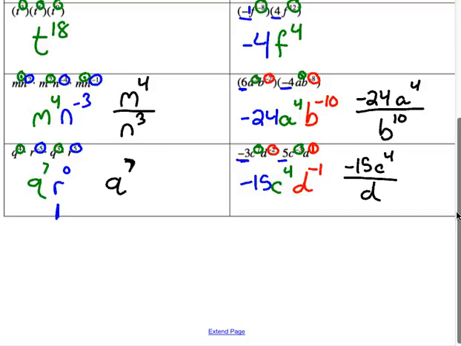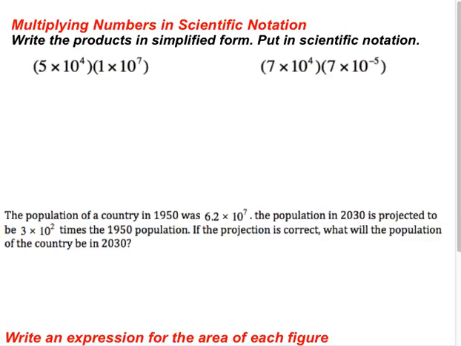All right. So moving right along, what does this mean when we're multiplying two numbers in scientific notation? All right, what does this mean for us? Well, what it means is you need to multiply the normal numbers that you see, just like I've been teaching you. All right, so multiply the normal numbers together.